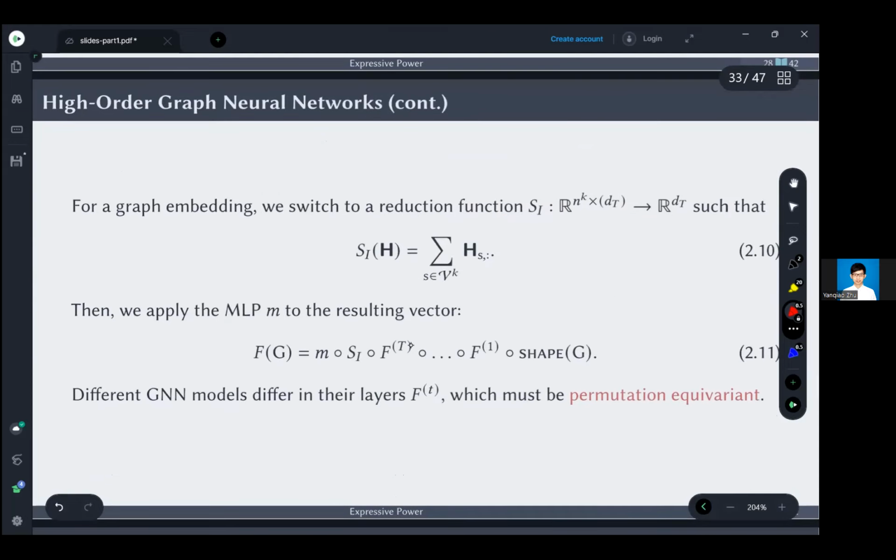The previous slide concerns the node-level embedding, and for a graph-level embedding, we directly use a reduction function in this form. It's very simple.